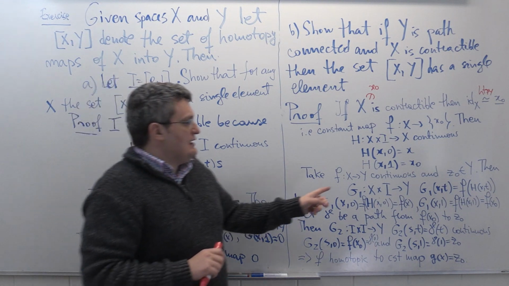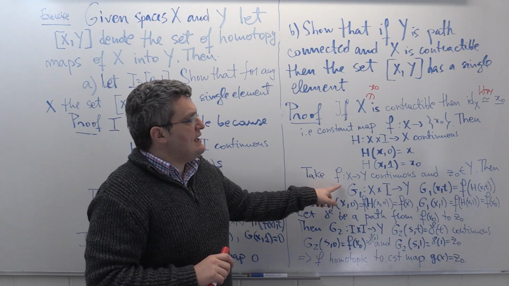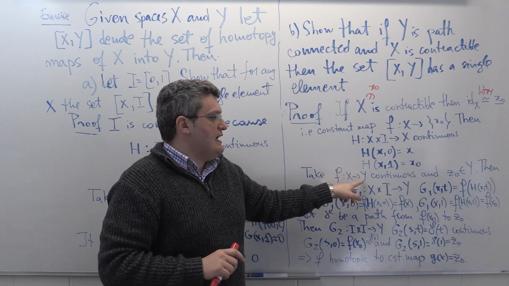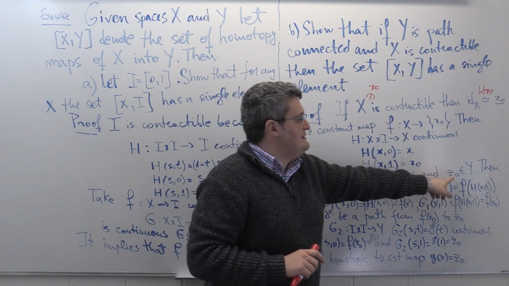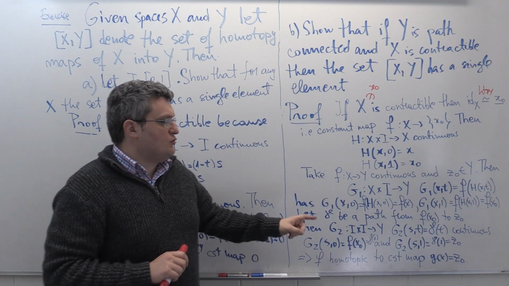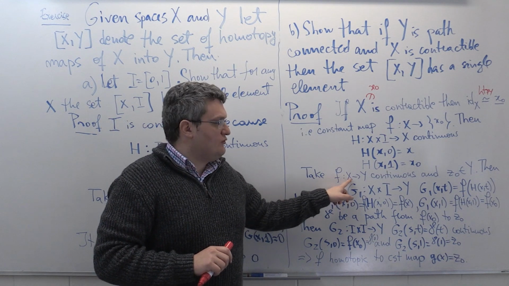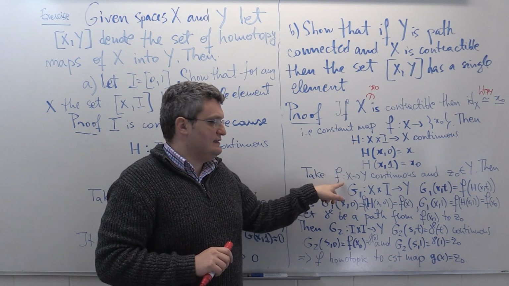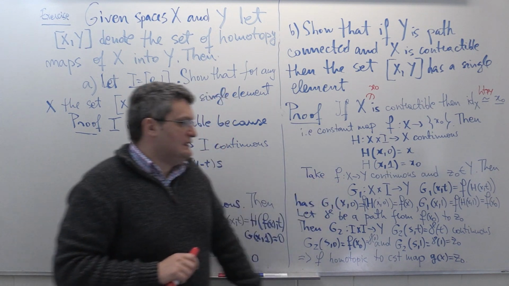So now pick an element, a continuous map f in the set [X, Y], and pick an element z0 in Y. We would like to construct a homotopy out of the homotopy H that we have and the function f.